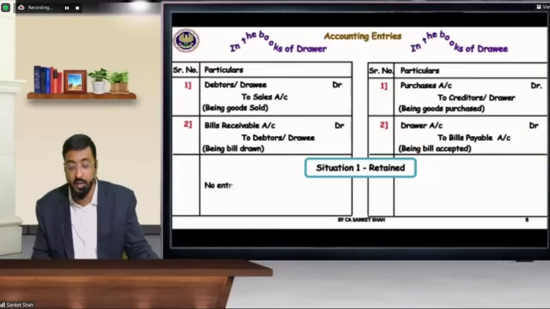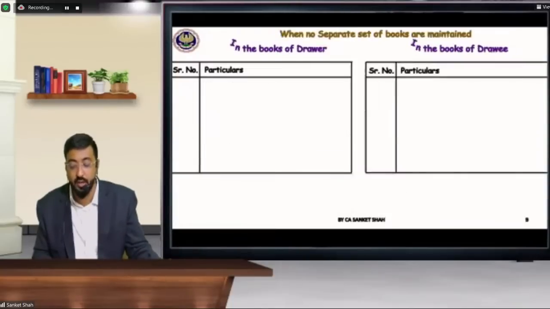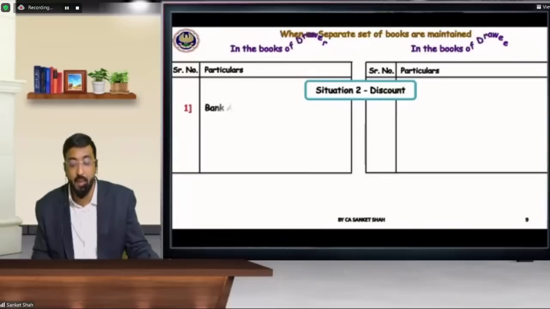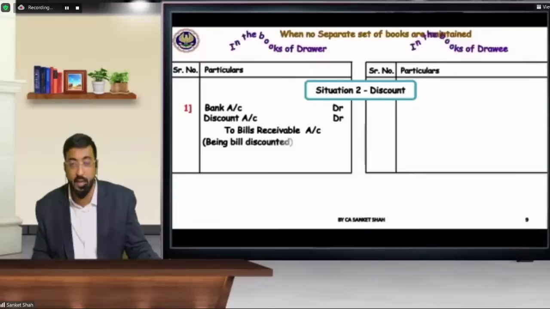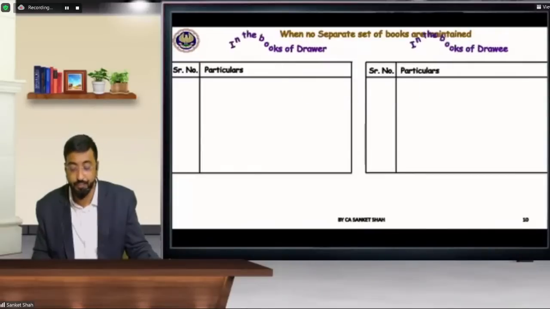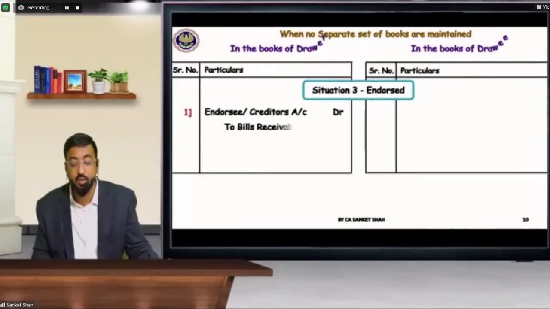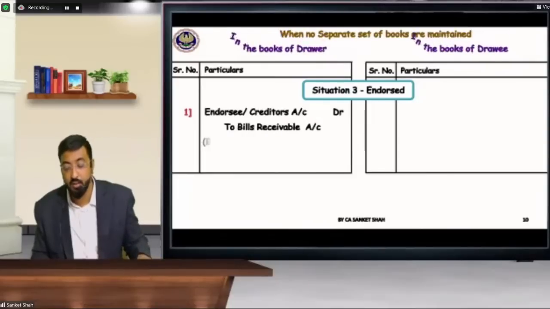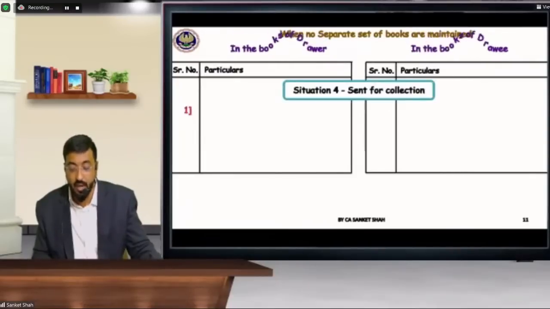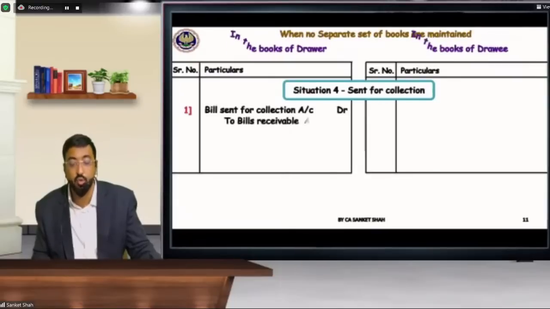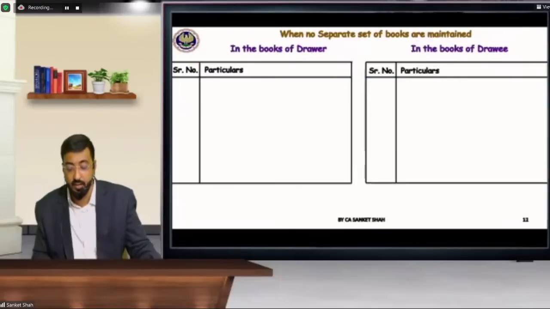Situation 1, retained bill, no entry. Here also no entry. Situation 2, bill discounted: bank account debit, discount account debit to bills receivable, no entry here. Bill endorsed to creditors: endorsee or creditors account debit to bills receivable, no entry. And fourth situation, bill sent for collection to bills receivable, and no entry here.